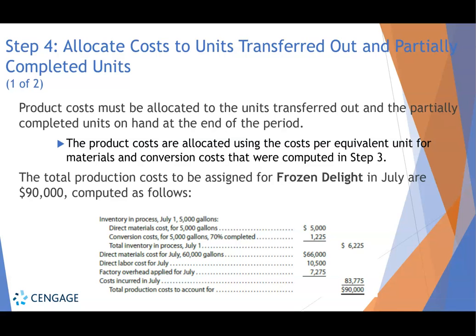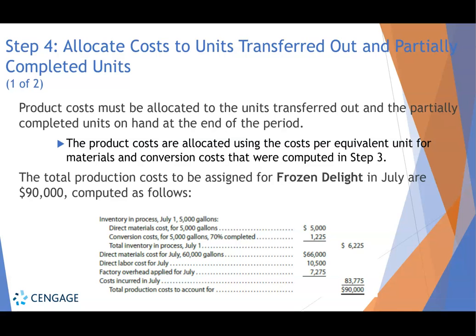We start with the direct material cost for 5,000 gallons. We show the conversion costs at the very beginning of the period that we're starting the month with at 70% completed. So we have our total inventory on July 1st of $6,225.